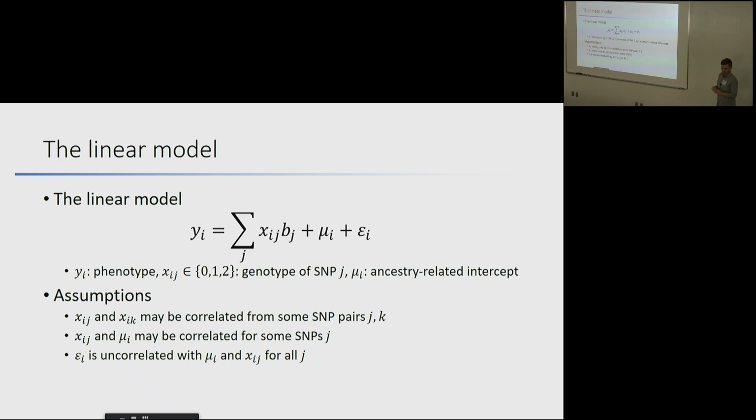Okay, so here's some equations, and I'm going to go back to this linear model to make this a little bit more concrete. So we have some phenotype y, we have a vector of genotypes x, 0, 1, 2s, and I'm going to say that there's some sort of ancestry-related intercept, mu. This will capture the environmental differences that a person faces, and these might be correlated with the genotypes a person has.